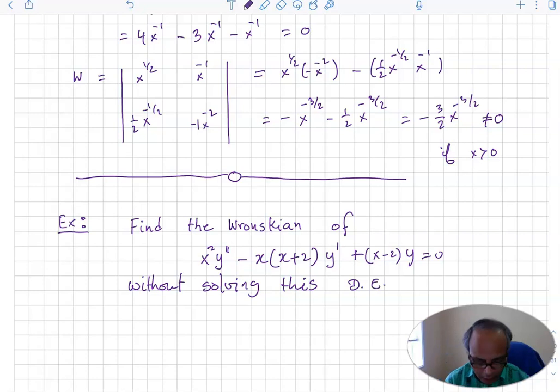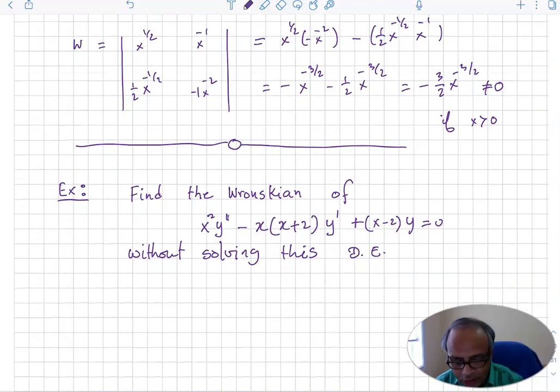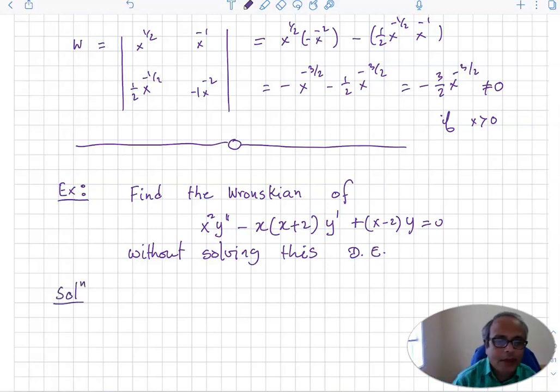Okay, so if you know how to solve this differential equation, then you know the solution, and then you can find the Wronskian. And if you have found a solution, you actually don't perhaps need the Wronskian, but still for the sake of calculation, whether your solution is found correctly or not, you can calculate the Wronskian.